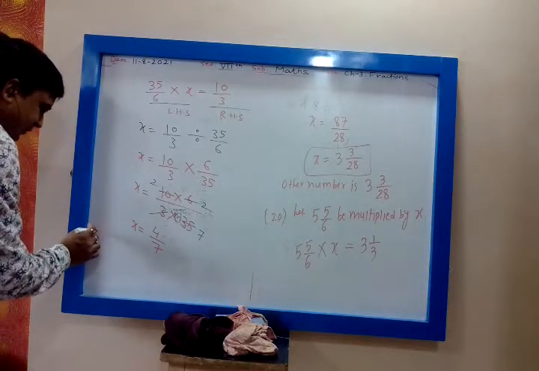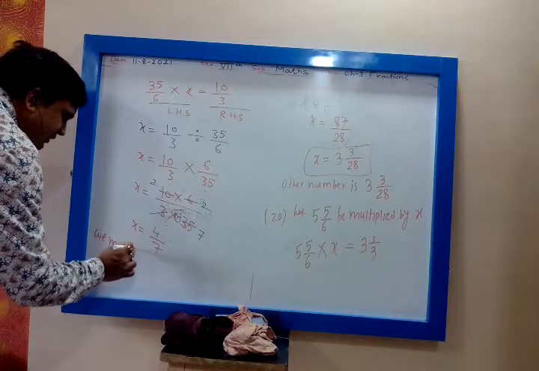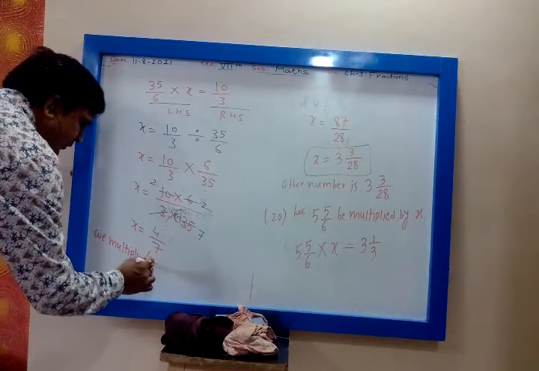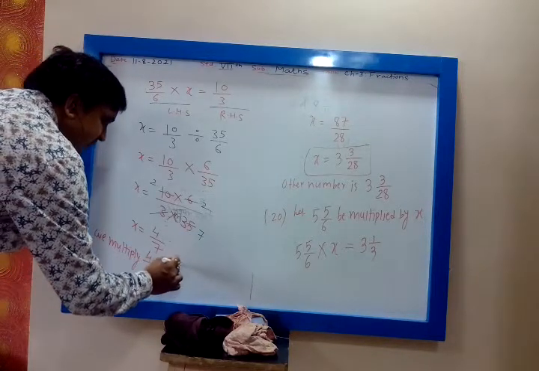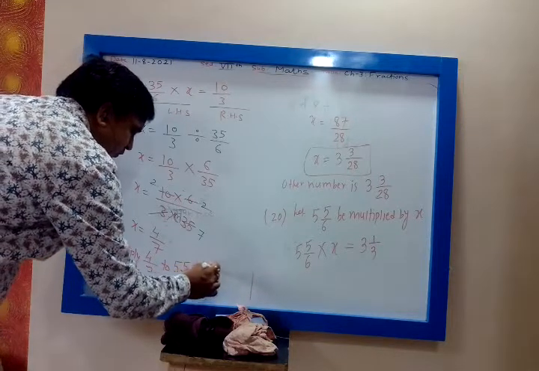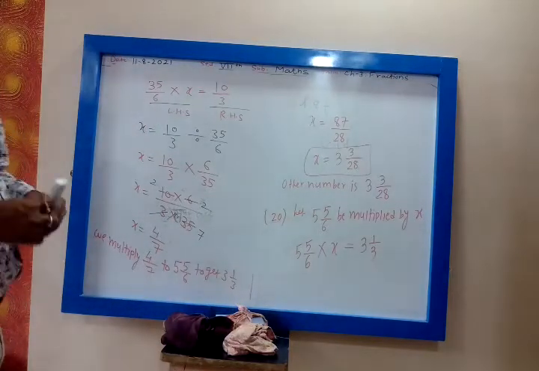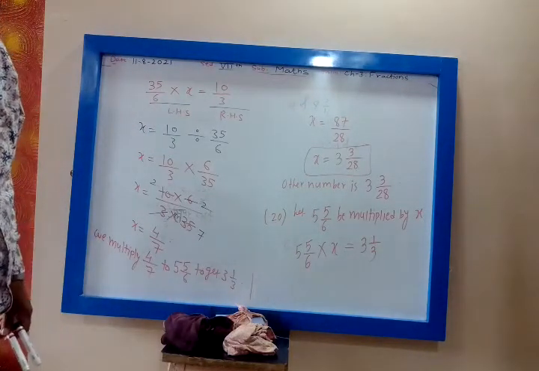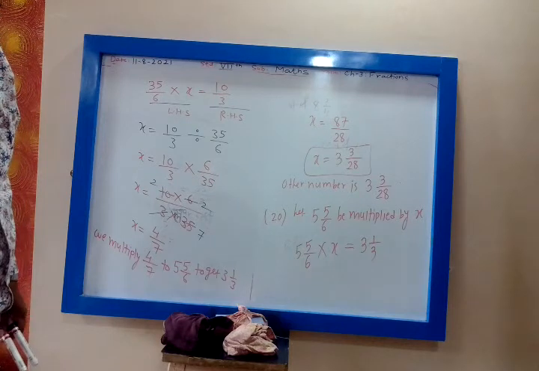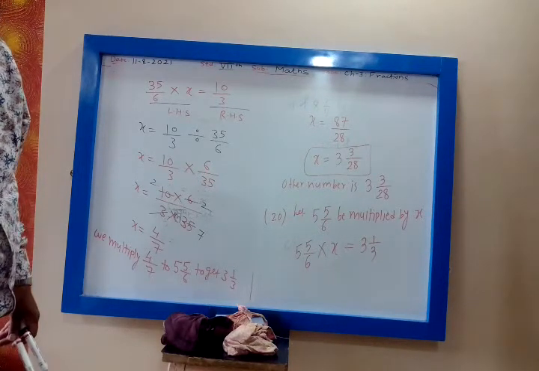So we multiply 4 by 7 to 5 is to 5 by 6 to get 3 is to 1 by 3.